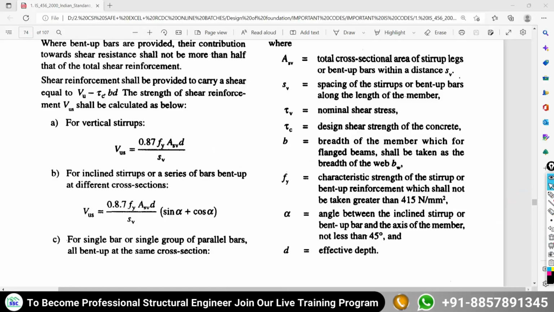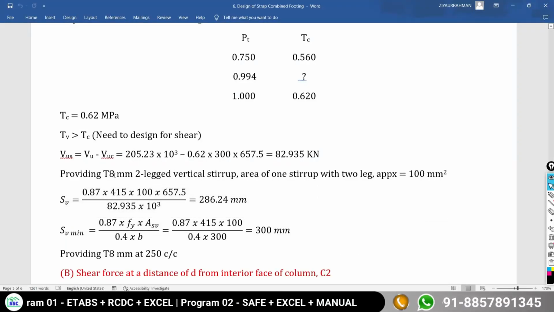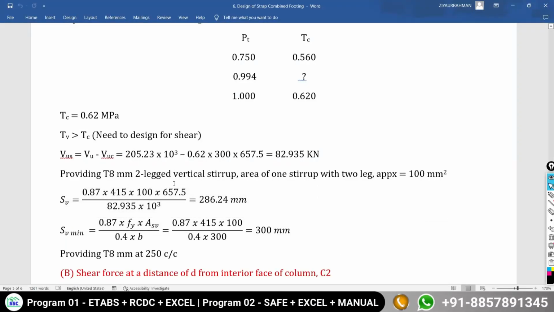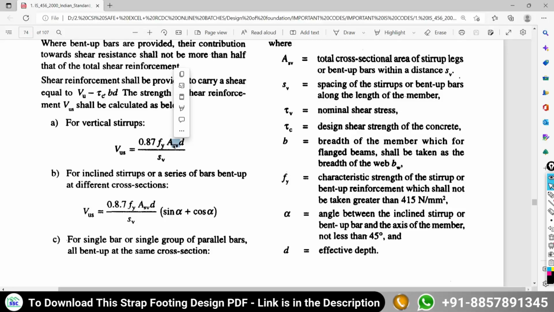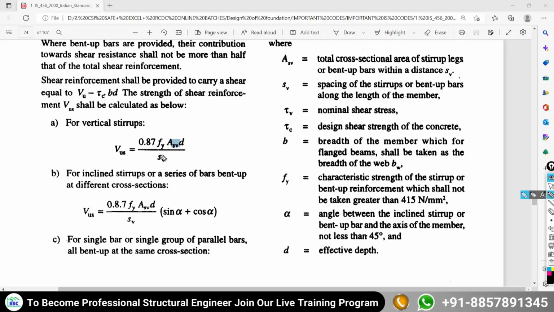Go back to your calculation and have a look. We are going to provide 8 mm 2-legged vertical stirrups. The area of one stirrup with 2 legs becomes approximately 100 mm square. Now the formula is given here: 0.87 Fy, yield strength of your reinforcement, times the area of the 2-legged vertical stirrup, times the effective depth, divided by the spacing of the shear reinforcement.